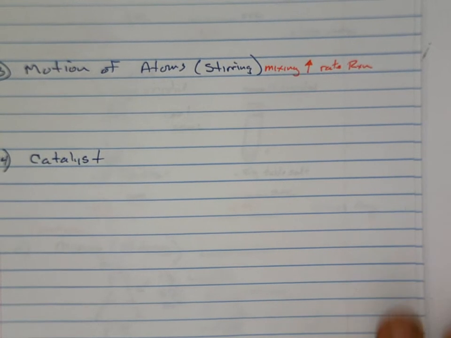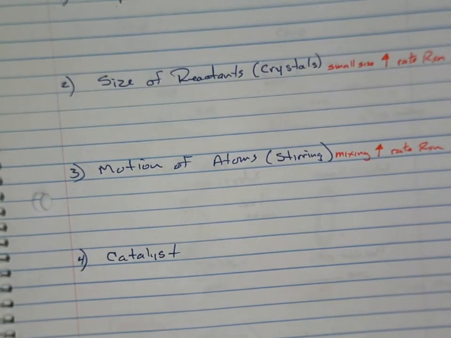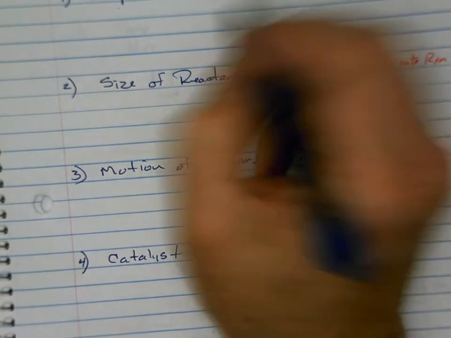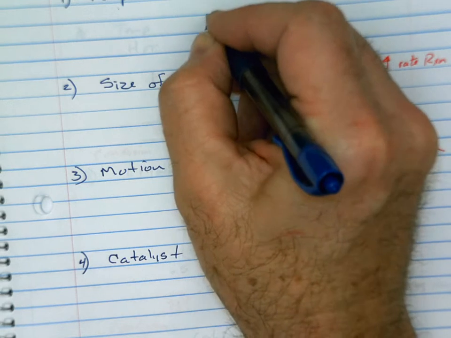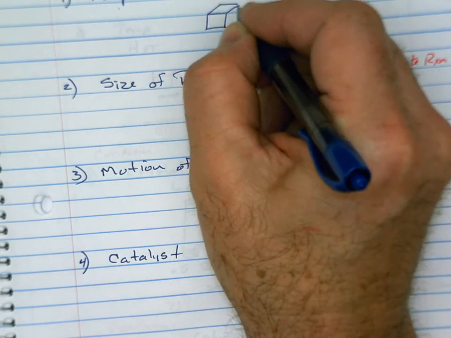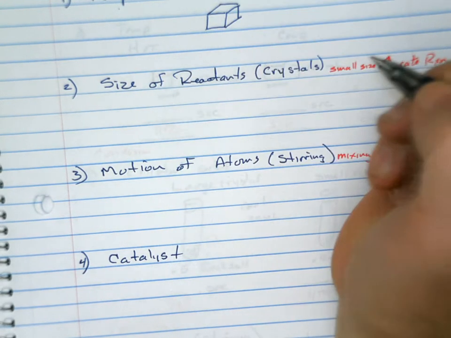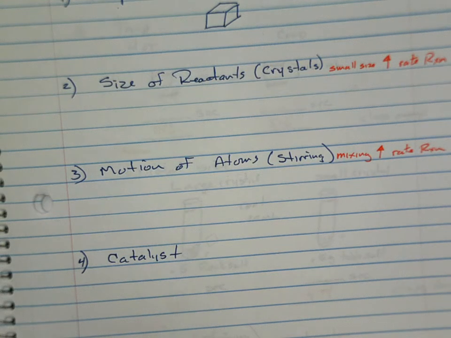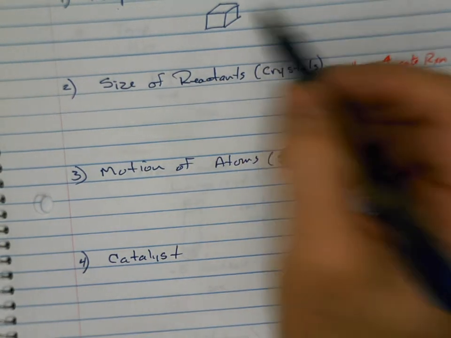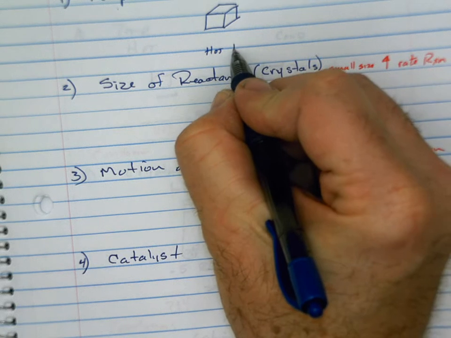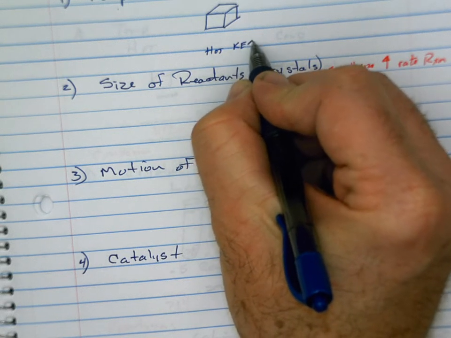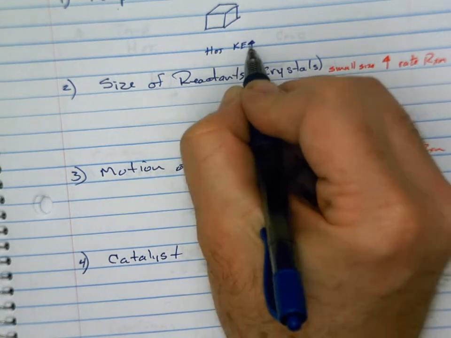So, why? Let's draw a reactant here. I'm just going to draw it as a cube. Here, you can draw it as whatever you like. But we've got a reactant over there, and the thing is, when it's hot, that means the kinetic energy is increased, because that's what heat is.